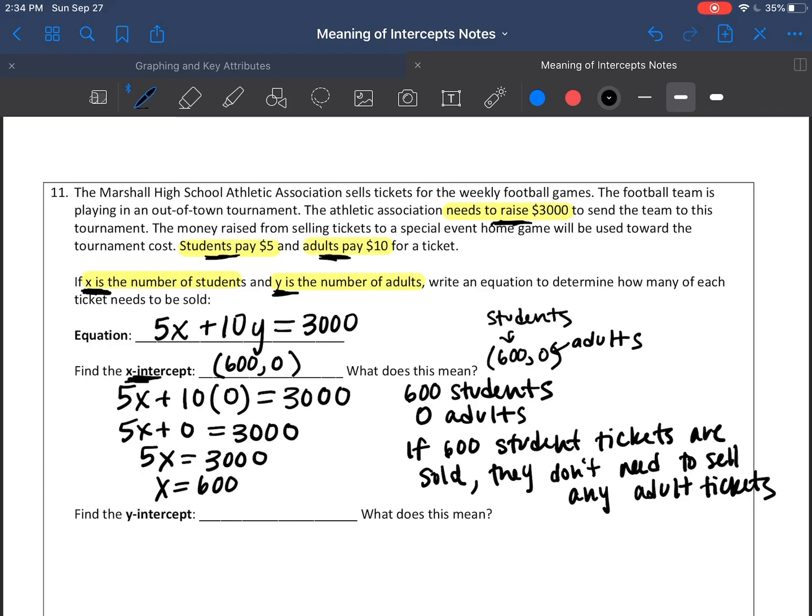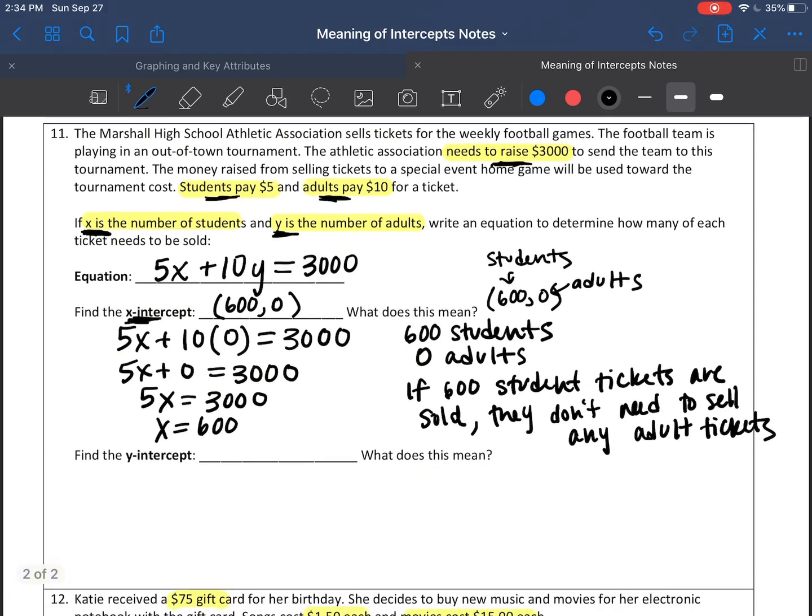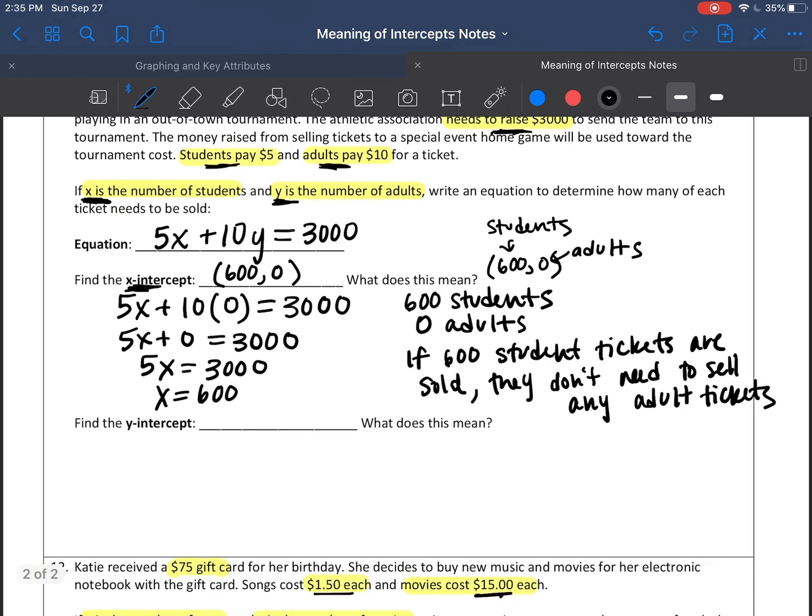Another way to say that is if they don't sell any adult tickets, they need to sell 600 student tickets.